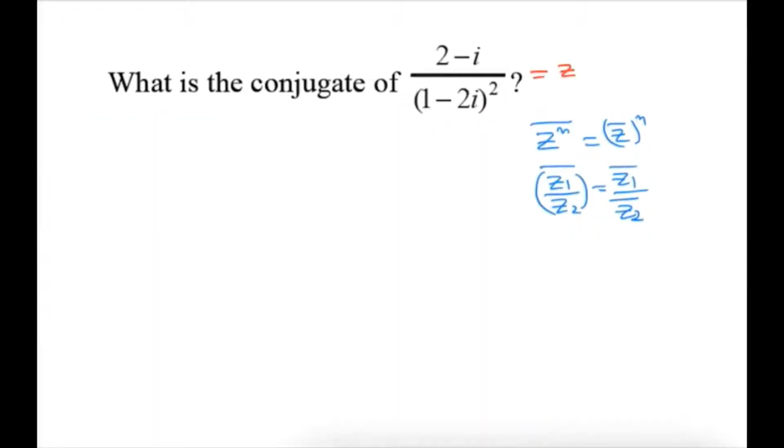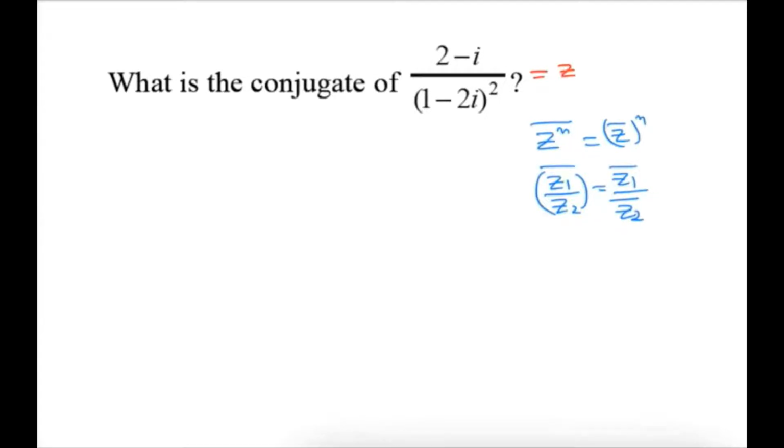Next question is, what is the conjugate of this complex number? Let us take this as z. And here we shall use these results. Conjugate of z to the power n is conjugate of z whole power n. And conjugate of the quotient of two complex numbers is conjugate of the numerator upon conjugate of the denominator.